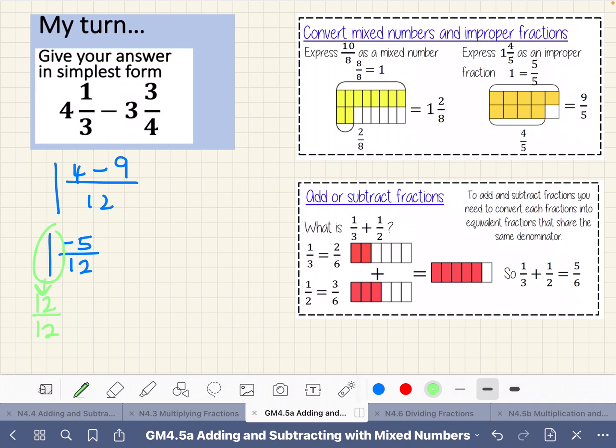And we then look to take away the 5 out of 12. We have the same denominator, which means this can be represented as 12, take away 5 over 12, giving us a final answer of 7 over 12.